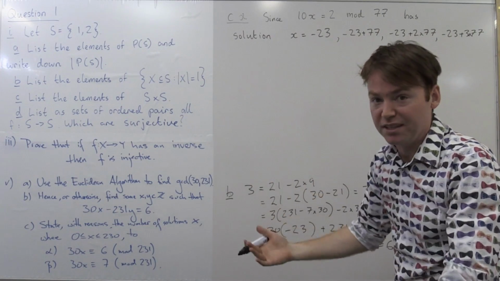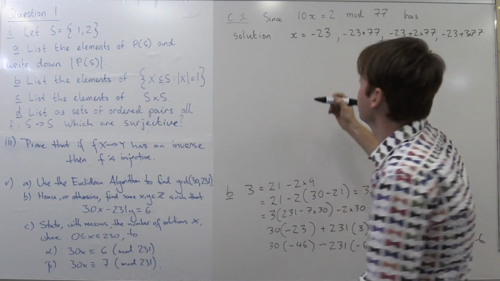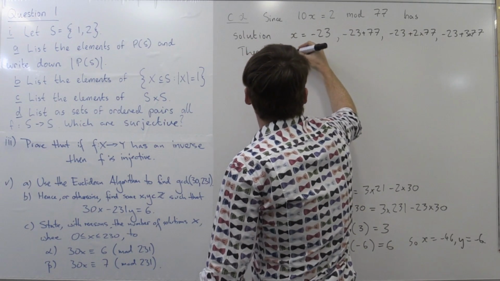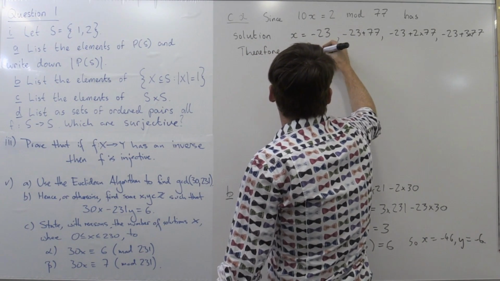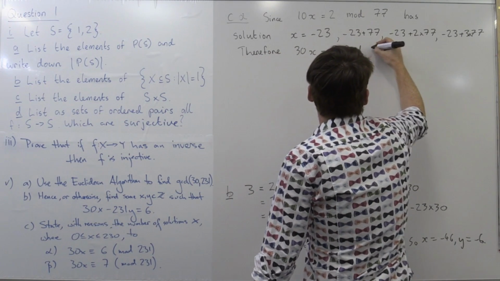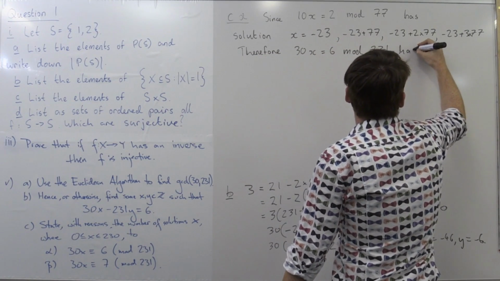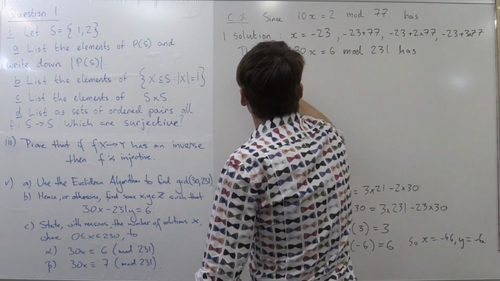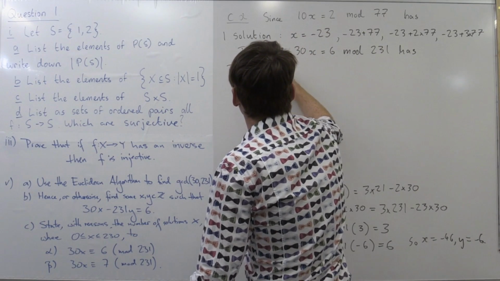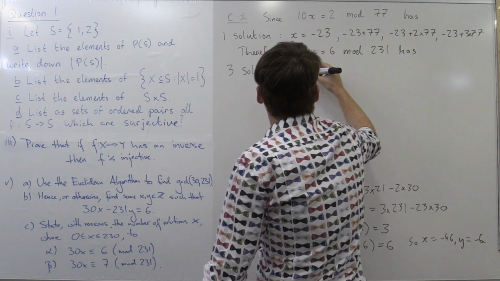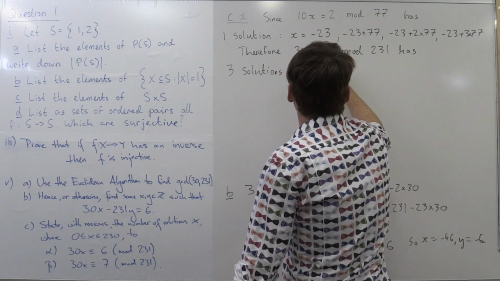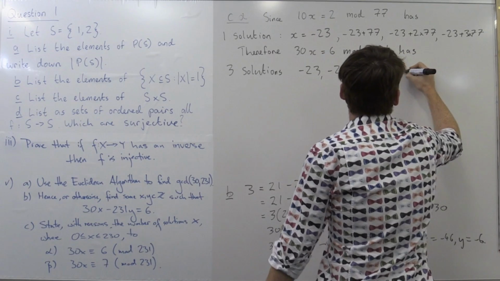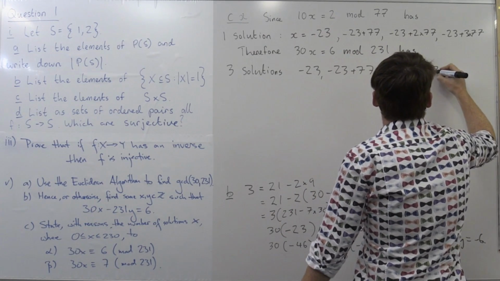The point is I'm going to multiply this thing by 3 and I'll pick up some additional solutions. 30x equals 6 mod 231 has, so that's one solution. Has 3 solutions that are negative 23, negative 23 plus 77, and negative 23 plus 2 times 77.